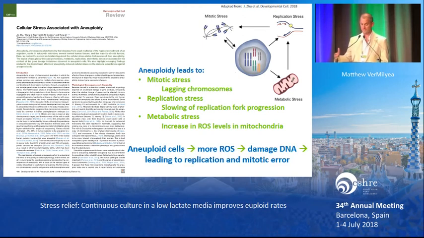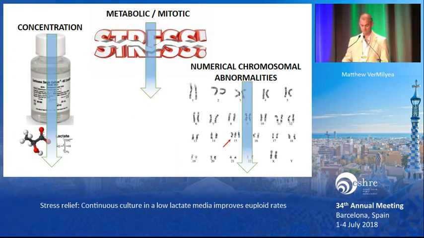So in general, aneuploid cells produce more ROS, which increases damage to the DNA, leading to replication and mitotic errors. So again, a sort of vicious cycle with some of these aneuploid cells.